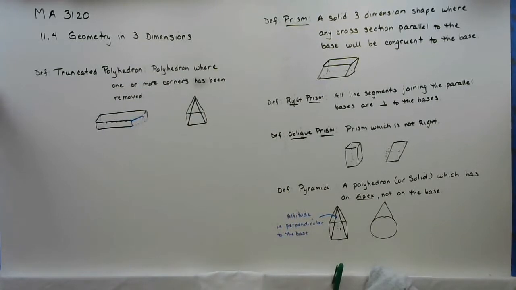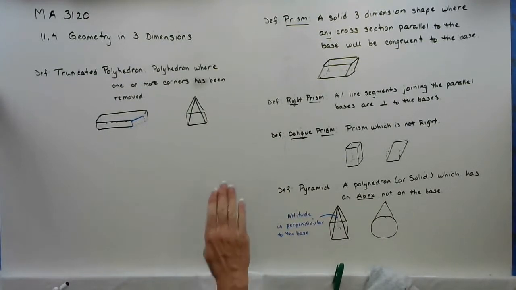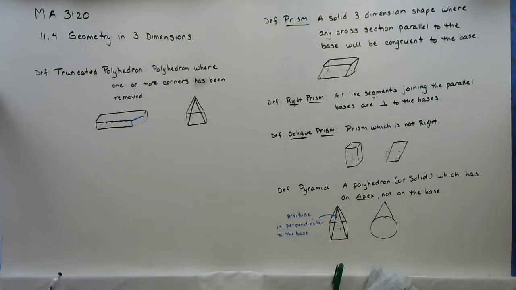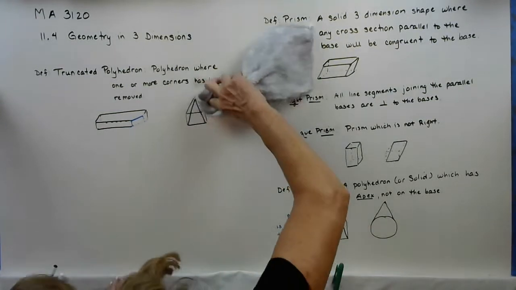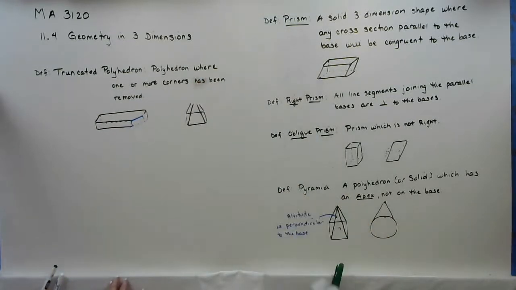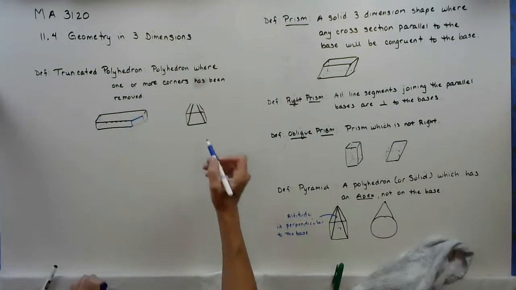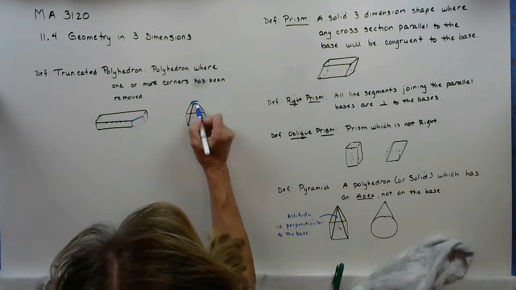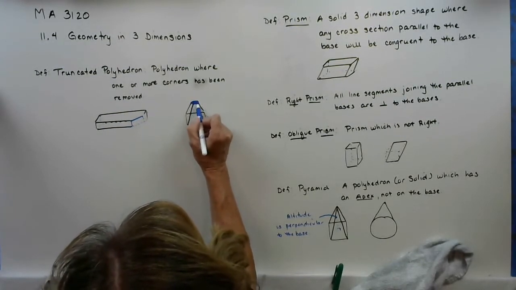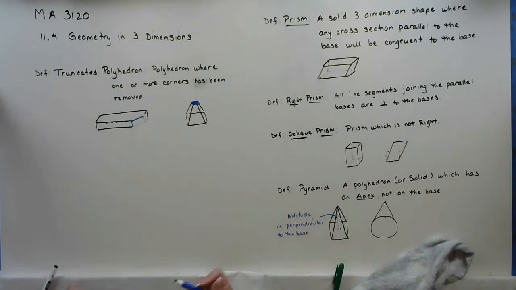And imagine somebody comes along and slices off the top of that pyramid, cutting the tip off. It doesn't come to a point anymore. It now has this rectangular piece that's been cut out of it. And that's what we mean by a truncated polyhedron.